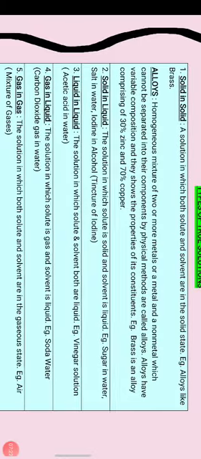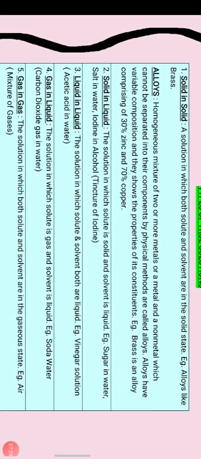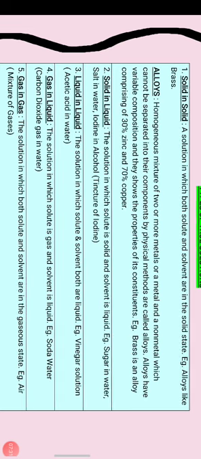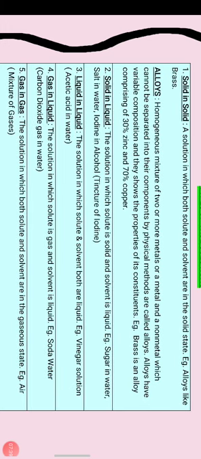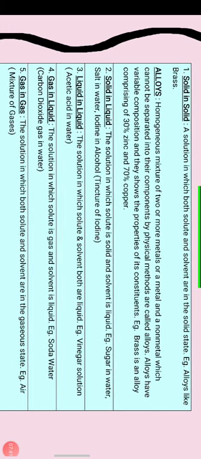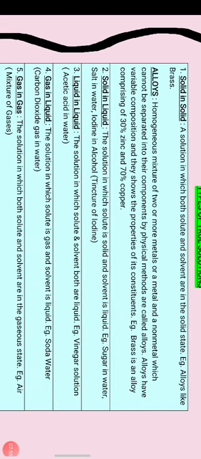Now the fifth type of true solution is gas in gas. Here both the solute and the solvent are in the gaseous state. For example, air. We all know air is a mixture of gases. It contains 78% nitrogen, 21% oxygen and 1% of other gases like water vapor, methane, carbon dioxide, etc. So air is a homogeneous mixture, and homogeneous mixtures are true solutions only.